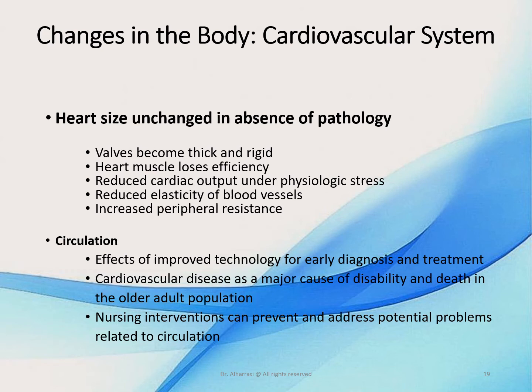The valves become thick and rigid, the heart muscle loses efficiency, and there is a reduction in cardiac output. There is also a reduction in the elasticity of blood vessels and an increase in peripheral resistance, like in the case of hypertension.